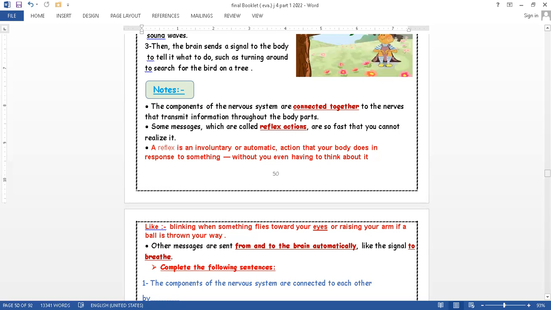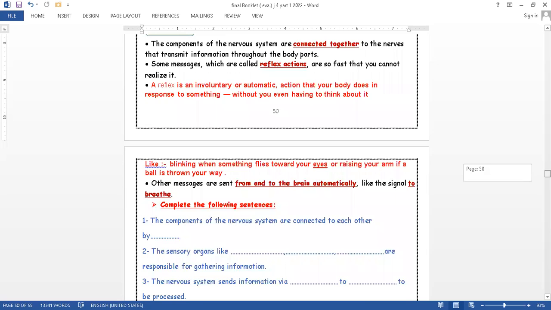It's also something spontaneous, like breathing or heartbeats. Spontaneous means these reactions, responses or signals go from the brain to the organ, or from the organ to the brain, automatically, without thinking also.